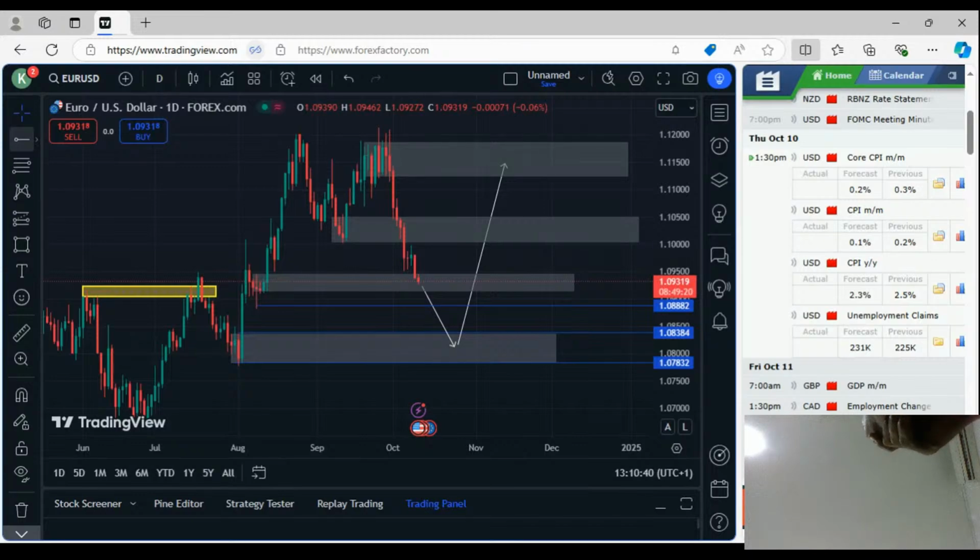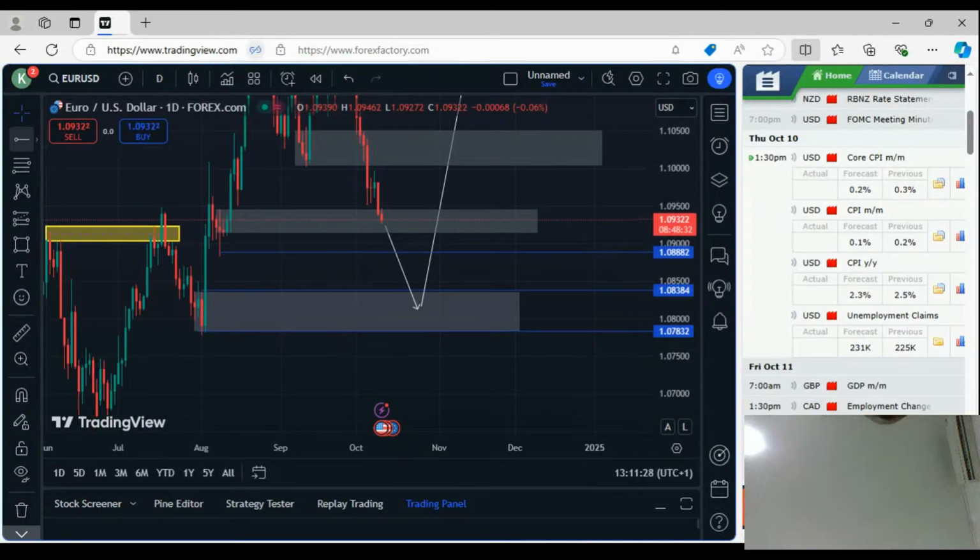So EUR/USD buy limit at 1.08384. EUR/USD buy limit at 1.08384.